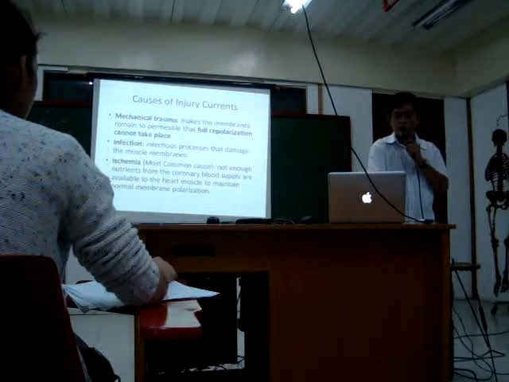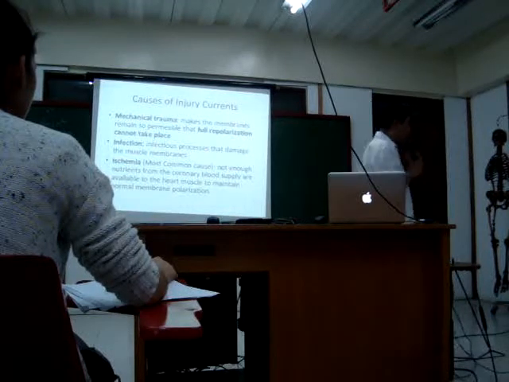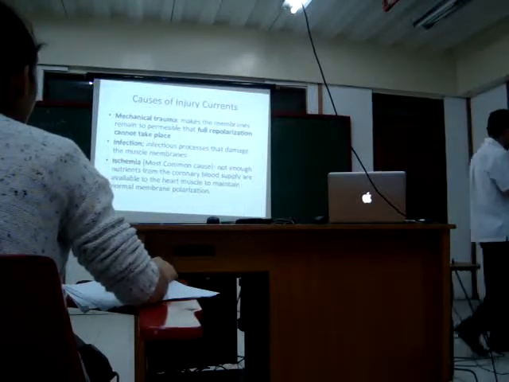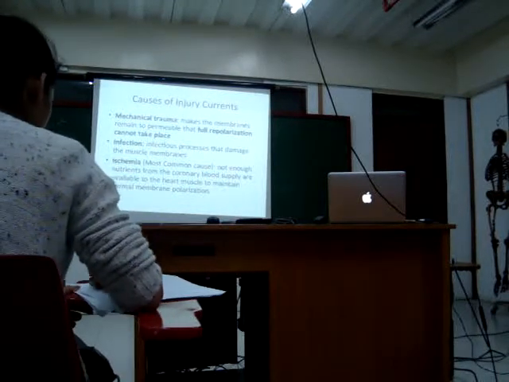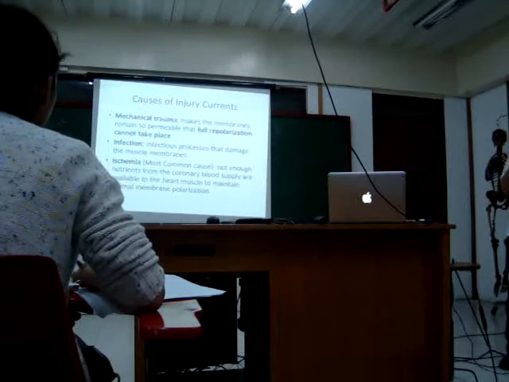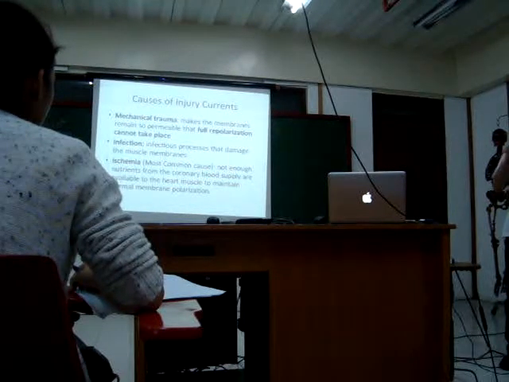So what are the causes of injury currents? Mechanical trauma to the heart can cause currents of injury. This will make the membrane so permeable that full repolarization cannot take place. What do I mean by so permeable? Remember what's needed for repolarization to occur? Depolarization needs sodium.